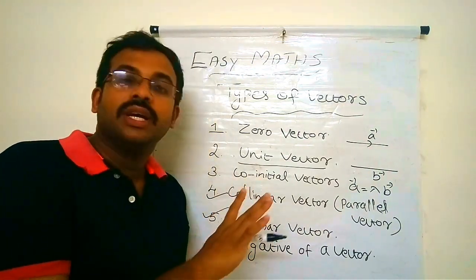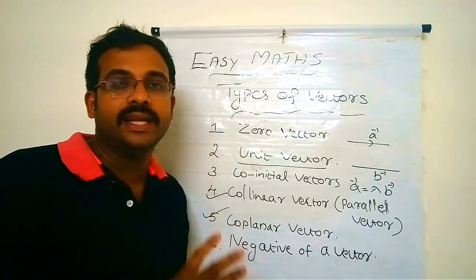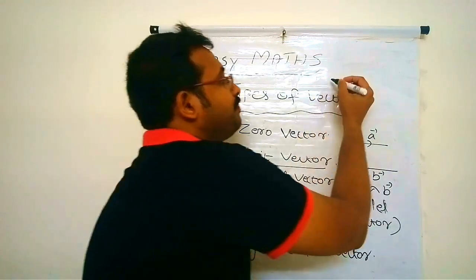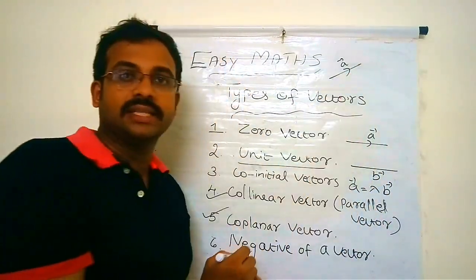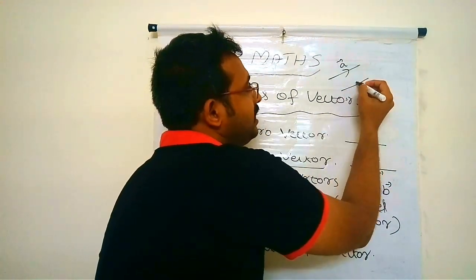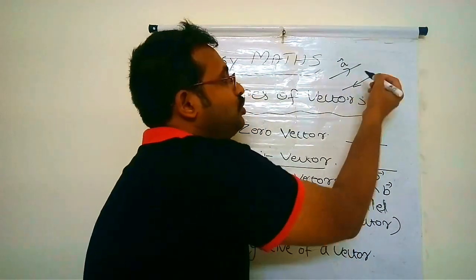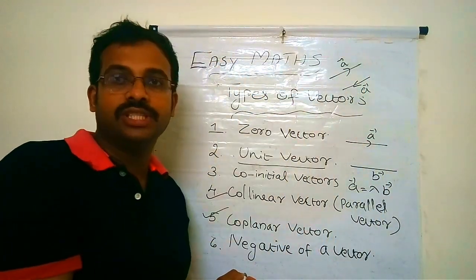The last one is negative of a vector. What do we mean by negative of a vector? Suppose A is a vector having a direction like this. Then I consider another vector having the same magnitude, only the direction alone I am changing.